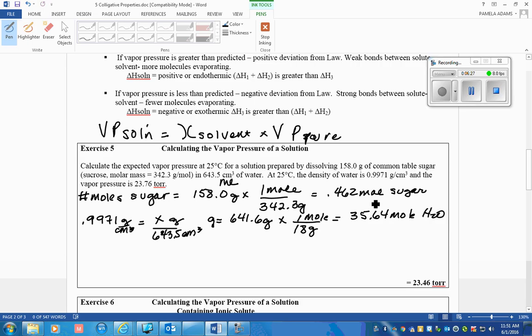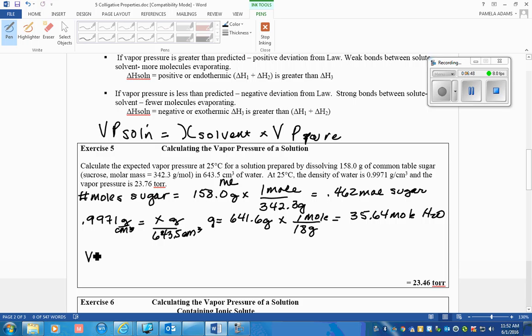We would expect that the sugar would not do a very good job of blocking the water from evaporating, so we would expect, as the answer tells us, there is not a huge difference between the vapor pressure of the pure and the vapor pressure of the solution. Right.